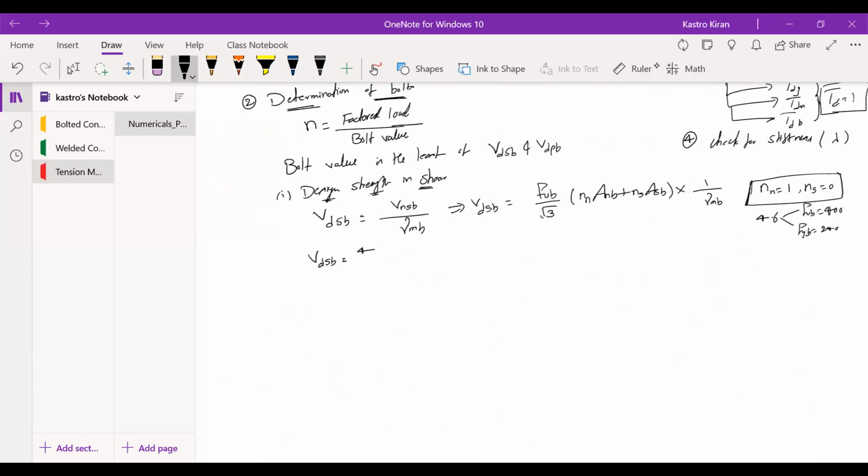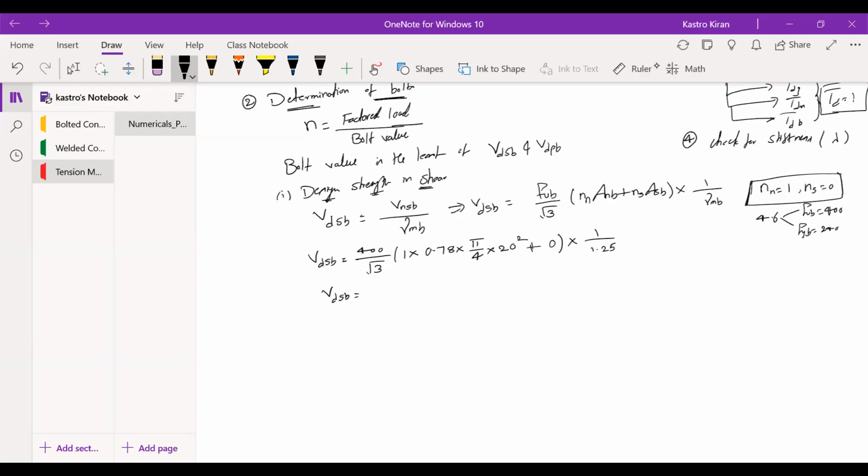So 400, that is FUB, by √3 into NN value, which I'm assuming as 1, and A and B formula is 0.78 pi by 4 into D square, where D is the diameter of bolt, which is given in the question, plus NS value is 0. So anything multiplied with 0 is 0 again, into 1 by gamma MB, where the partial safety factor for bolt is 1.25.